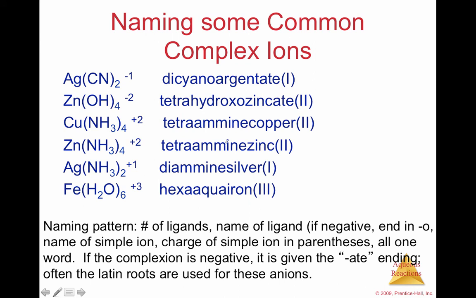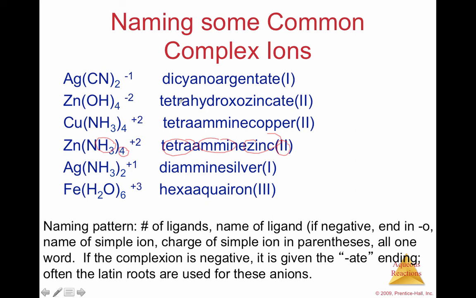You might wonder, how do we name complex ions? Let me give you an example. Tetra means you have 4 ligands, amine is the name for ammonia, and zinc is the metal, and the +2 is its charge. So this is called tetraamminezinc(II). Sometimes they use Latin roots.